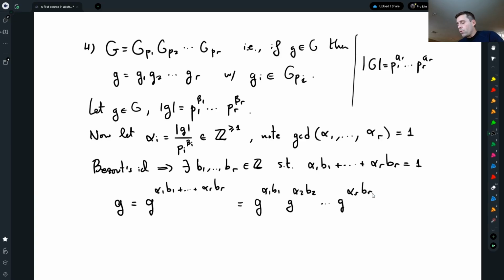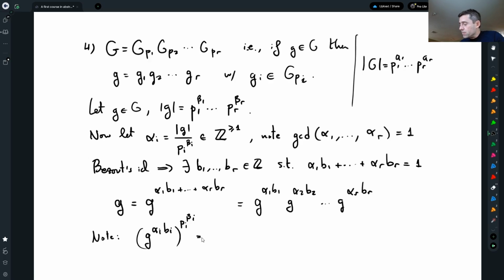But what about each one of those elements? Why do I like those elements? Note that g to the alpha i bi, if I raise that to the power pi to the beta i, then what happens?